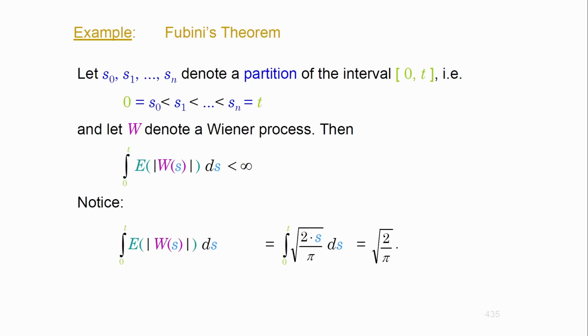The antiderivative of s to the power of 1/2 is going to be 2/3 times t to the power of 3/2. In this case, there is just t because the lower endpoint of the integral is 0, so that is going to be eliminated anyway, because 0 to the power of 3/2 is 0. That's what remains.